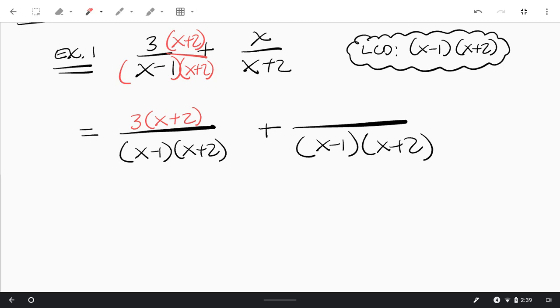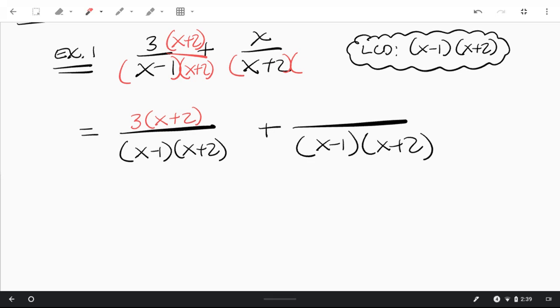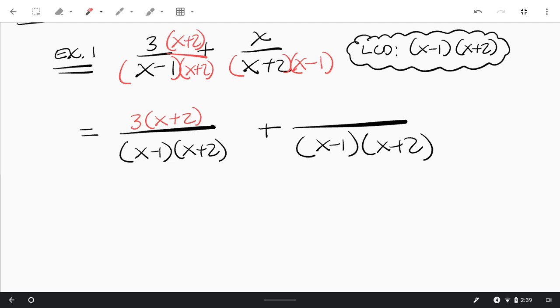Okay, that second fraction has x plus 2, but we want it to look like x minus 1 times x plus 2. So we need to multiply this by x minus 1. Okay, but again, you can't just multiply it by x minus 1. You need to multiply by x minus 1 over x minus 1.